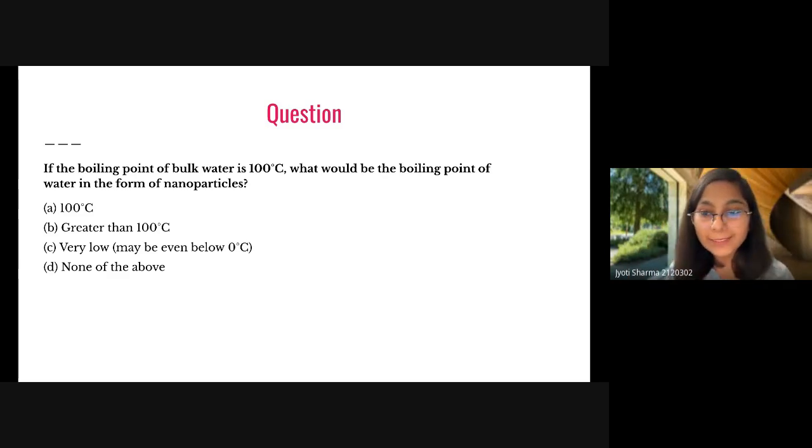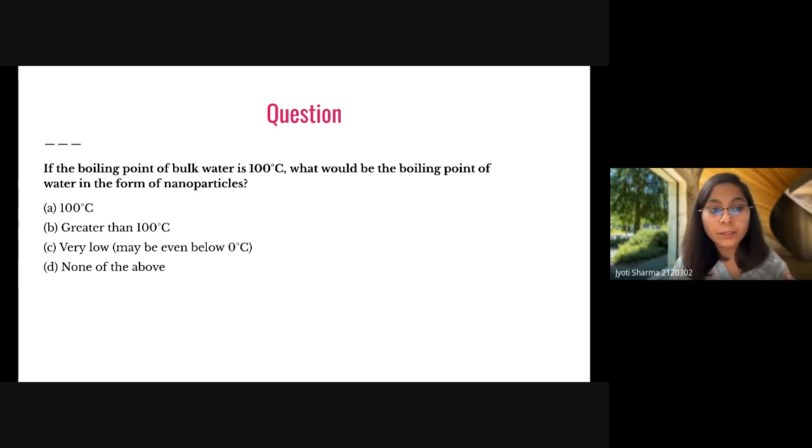Okay, so the answer is very low, maybe even below zero. So this is the advantage of nanoparticles. The property of nanoparticles may be completely different. Yes, C is the right answer. The property of the nanoparticle of the same molecule can be very much different from the molecule that is not in the form of a nanoparticle.